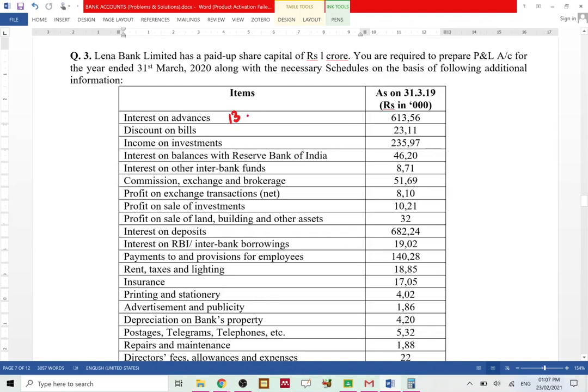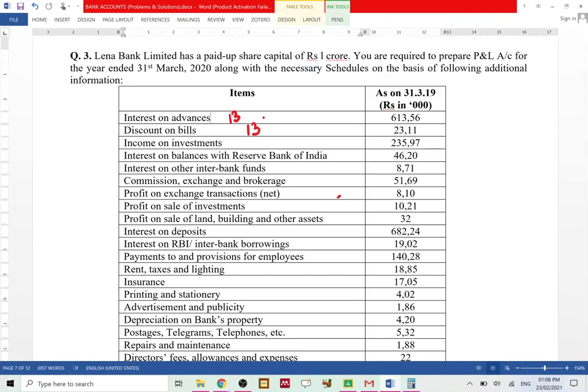So when banks discount the bills of any customer, they take some amount for themselves as discount, right? It's a commission for them. So it's an income. Now under income, which will it come under? Interest earned, schedule 13, or other income, schedule 14? Schedule 13, very good. It is interest earned. Any discount earned is also to be treated like interest earned.